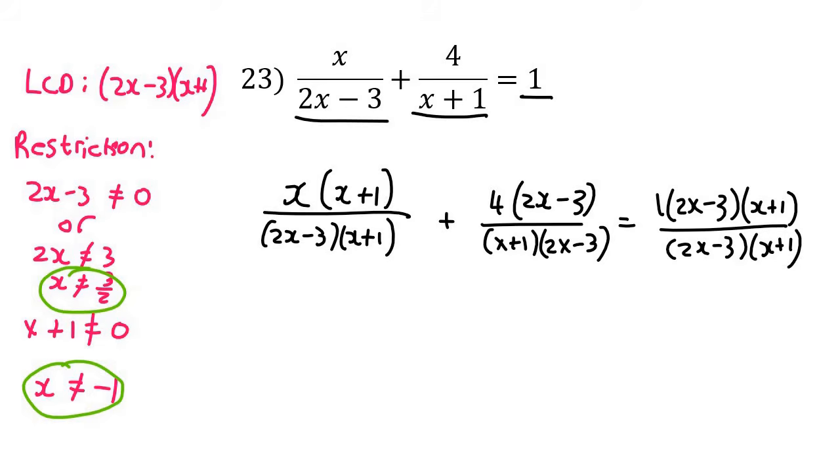So we have something like that now. Now because the denominators are all the same, we can just cancel them out. And then whatever we are left with, just go write that down. Don't try to solve it yet.